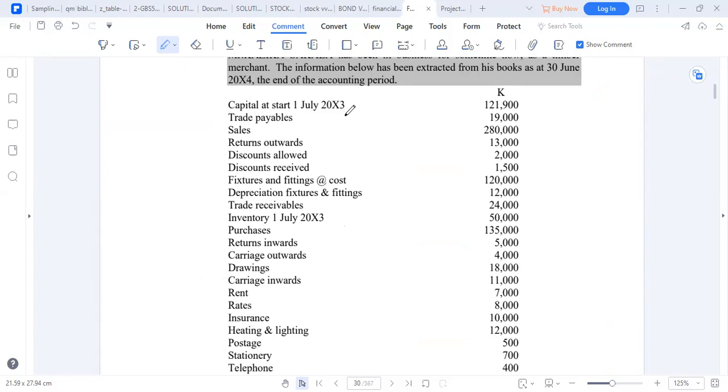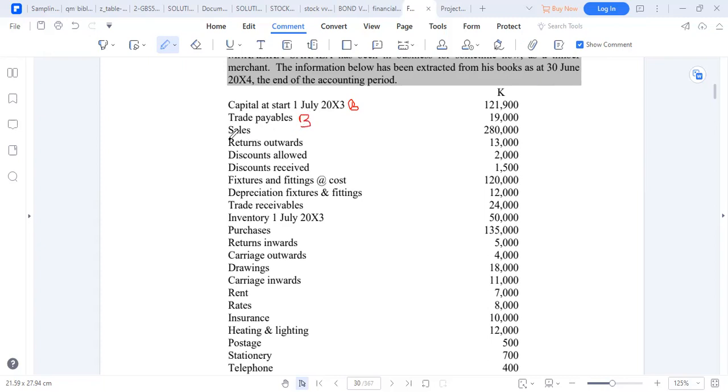Capital at start, where does it go? Balance sheet. Of course, you identify that some of the items will go in both. The trade payables, where do they go? Balance sheet under current liabilities.